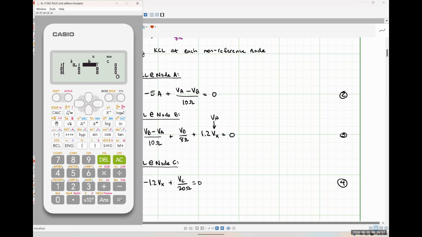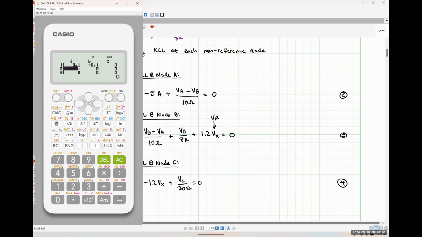And then it'll move on to B. So what's the coefficient for VB? Negative 1/10. So negative 1/10, hit equal. What's the coefficient for VC? 0. So 0, hit equal. And then we're going to move our constant term to the right-hand side of the equal sign. So negative 5 moved over to the right-hand side is going to look like plus 5. So I'm just going to have 5 right here.